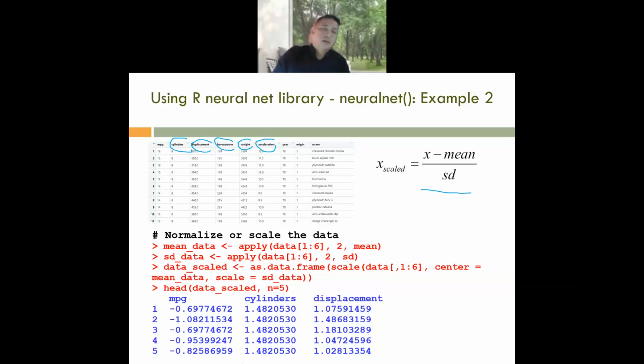The differences between the cylinder and the displacement will no longer be large. If you look at the cylinder here, this is 8, 8, 8, and then the displacement is in the hundreds. When you normalize them, you will have almost similar values, but according to each one's own mean and range. So don't forget to normalize your data.